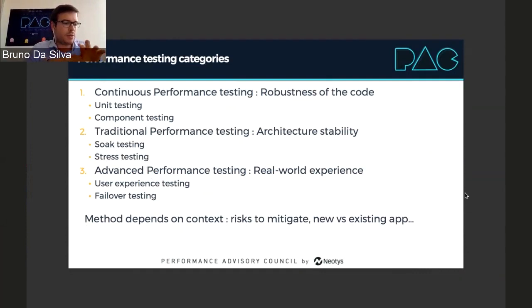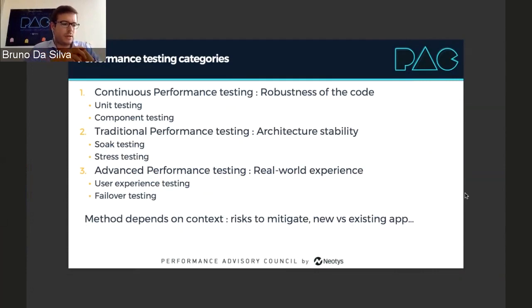Nevertheless, this continuous performance approach lays ground for the traditional performance testing category, which we often do to check for architecture stability. So for instance, that's the soak testing or stress testing approach that we do once the application has several functionality built and is quite stable.